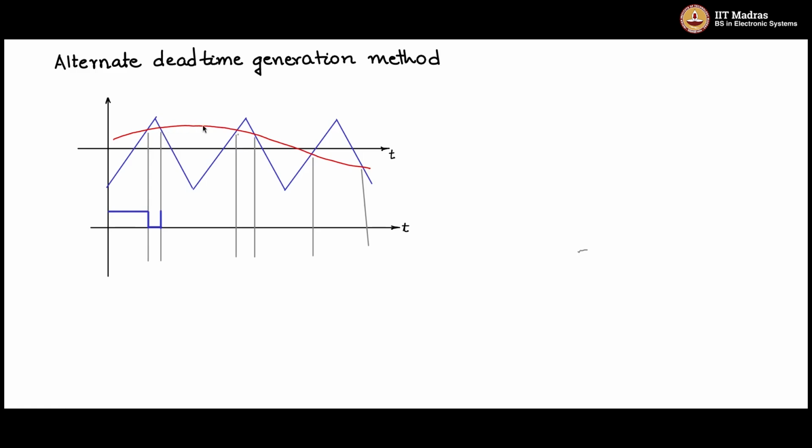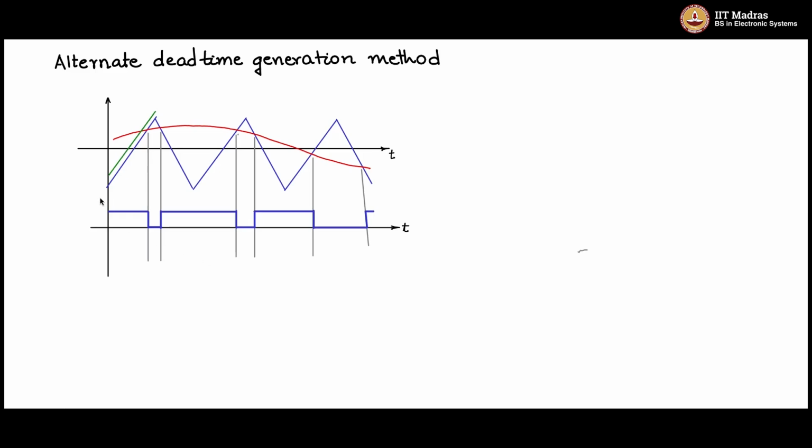Here, the modulating signal is higher than the triangle, therefore you see the output as high, and then again low, high, so on. So this is the pulse width modulation waveform that you would obtain if you compare this modulating signal and the triangle.